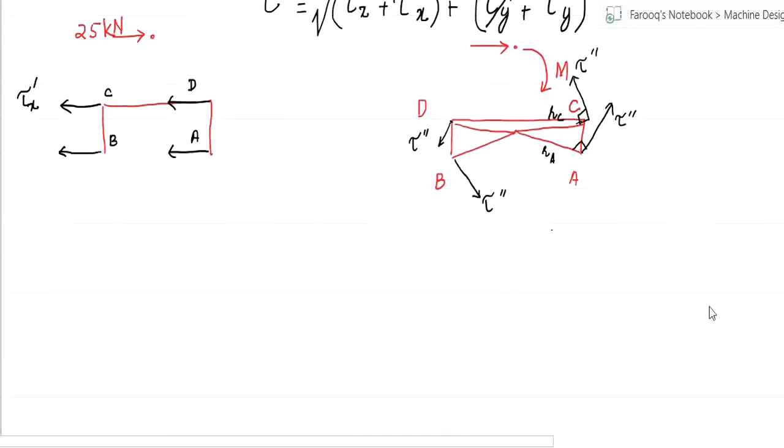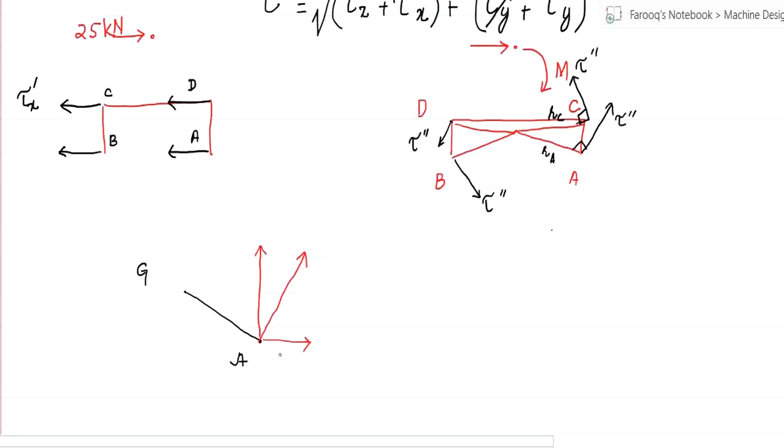And now we know that the secondary shear do not have any orientation in X or Y, so we are going to find the X and Y component of secondary shear stress at A, B, C and D. So if this is our G point and this is our A point and this is our secondary shear stress, making some angle with its X and Y component.